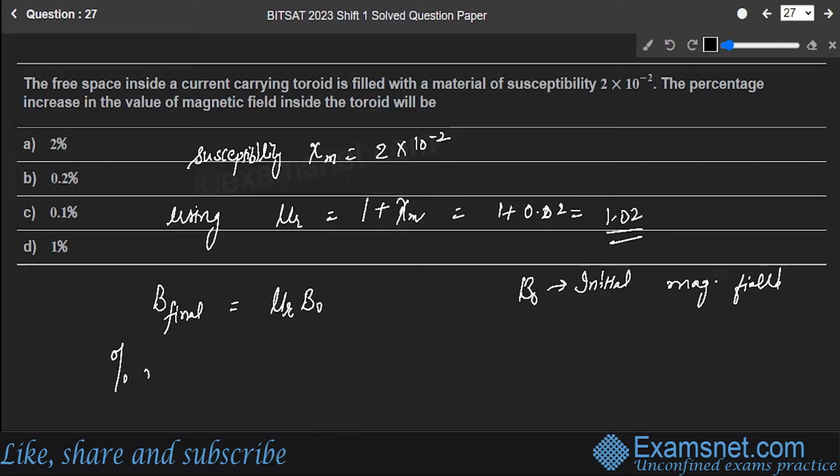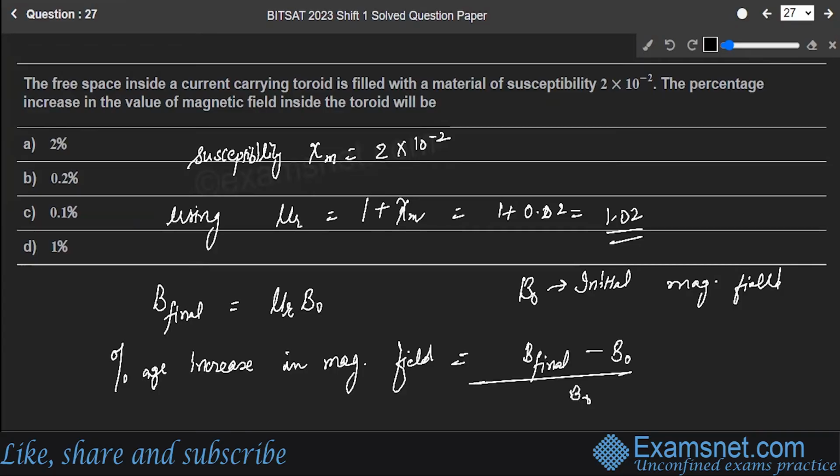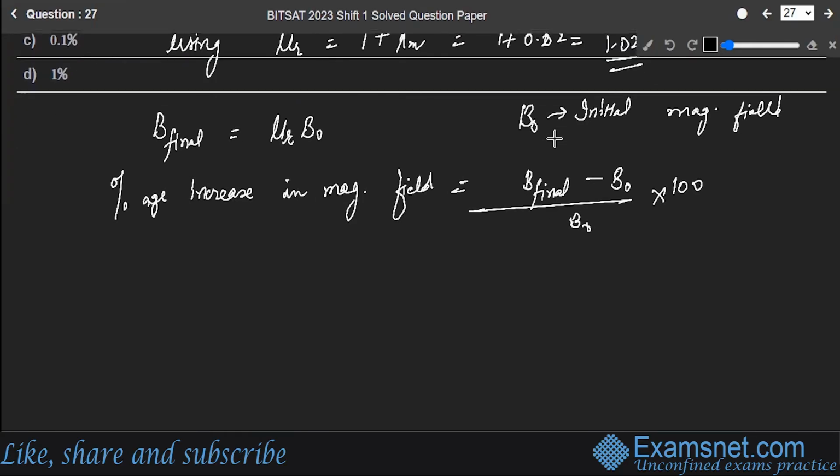So, percentage increase in magnetic field is given by final minus initial magnetic field divided by the initial multiplied by 100. And the final one is given by this. Let's write minus B naught upon B naught into 100.